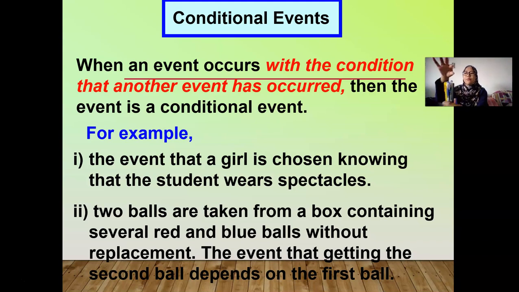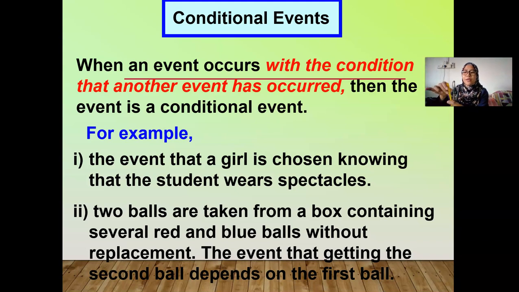So when I pick the first one, let's say I'm picking without knowing the color I'm picking up from the box. Let's say I pick up the blue one, so the probability for this blue is 1/4. Since I want to pick up 2 pens, this blue pen I don't replace back in the box, I put it away.